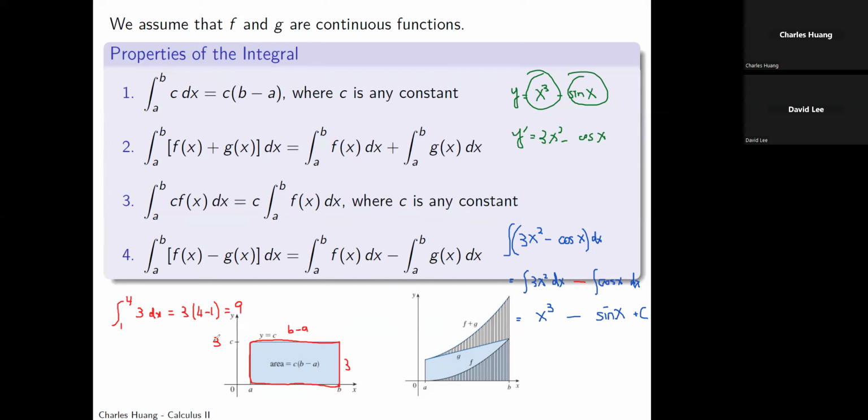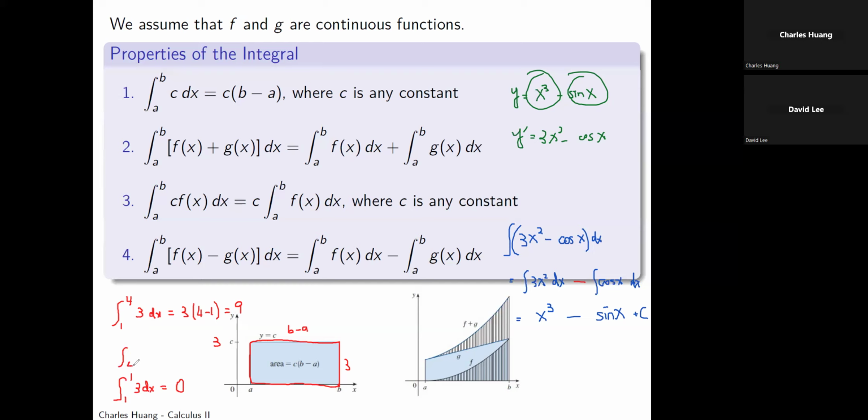And so after today, you are able to do this. And of course, we know what happens if I do the integral from 1 to 1 of 3 dx. You don't even need any calculation. This is going to be 0 because these two limits are the same.